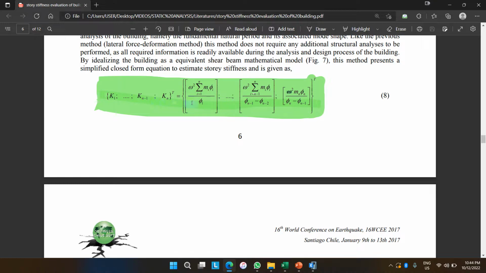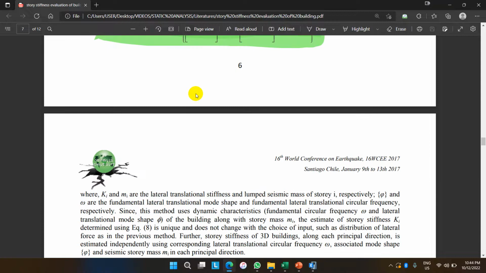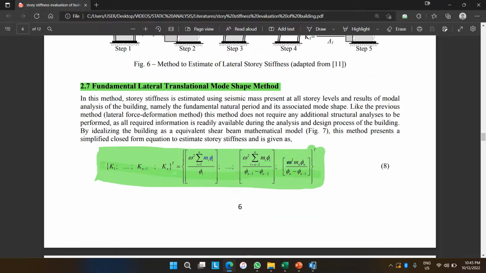So the story stiffness for the first floor is ω² , where ω is the lateral translational circular frequency, times the summation over i equals 1 to n, n for story masses, of story mass and the mode shape of that story.